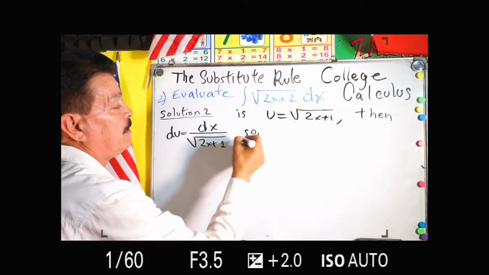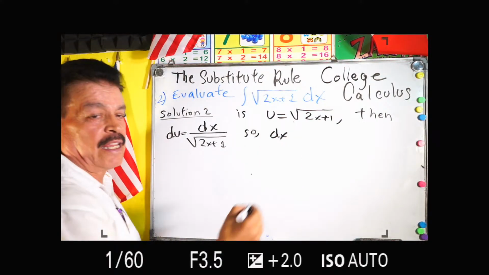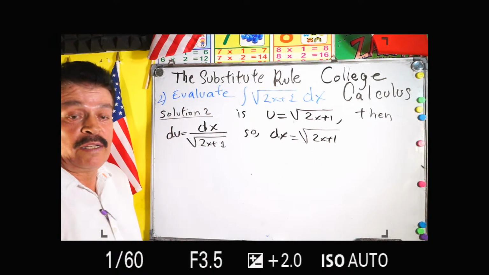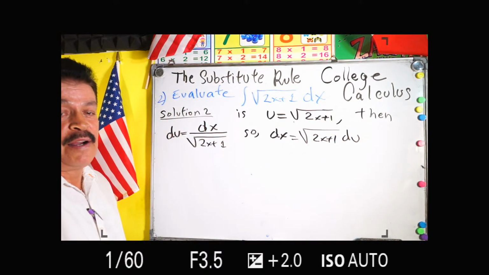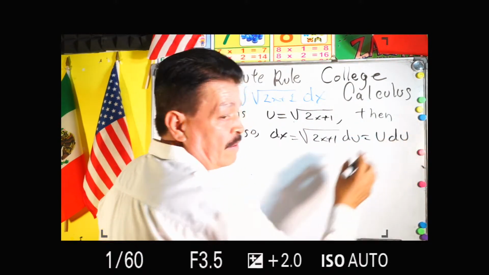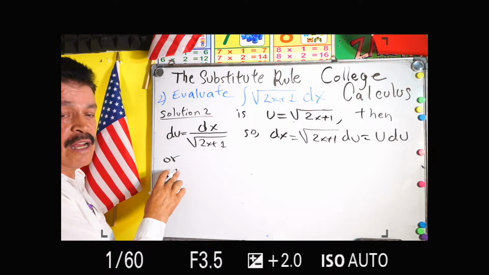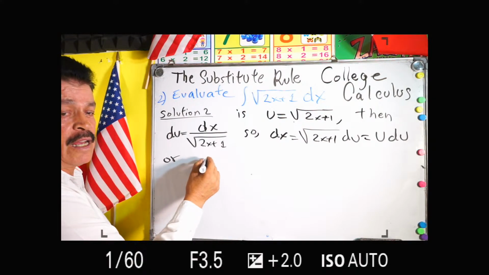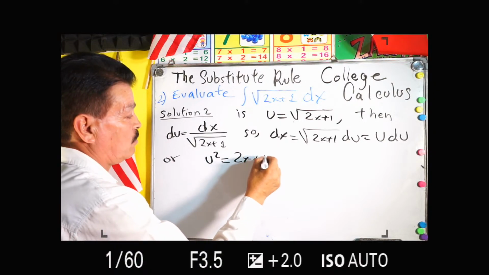So dx equals the square root of 2x plus 1 times du. Observe also that u to the second power equals 2x plus 1.